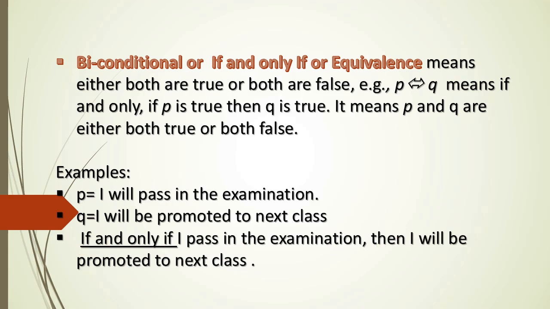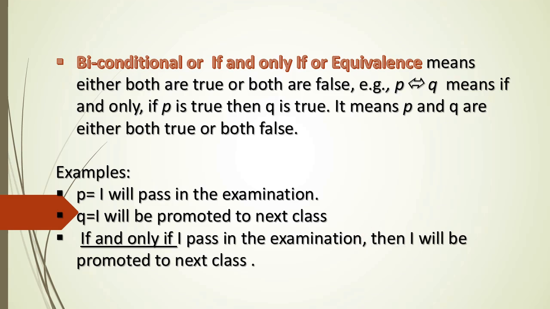Please take note here that the first proposition always begins with if and only if I pass in the examination. The second proposition is again connected by then, I will be promoted to the next class.